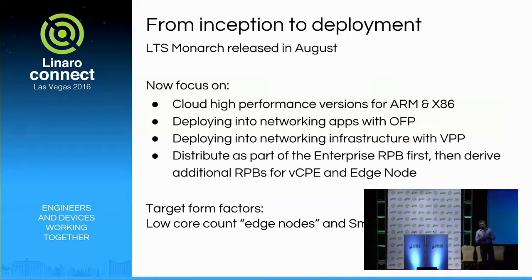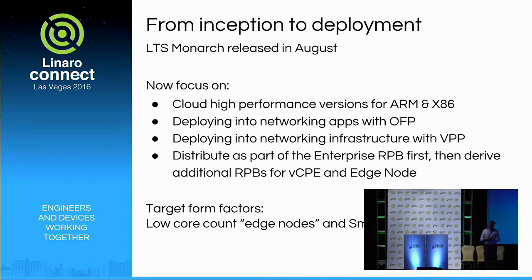In addition to providing those two high-performance versions for, I insist, ARM and x86, we will also provide, in coordination with the Open FastPath open source project, a high-performance implementation of the combination of the two, so that, as was described in the previous session, it can be used to accelerate any application.